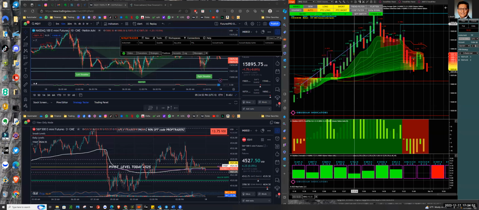Let me try one with confirmation filter, see what the result is. Let me try one with the trend filter. How about if I have both the trend filter and confirmation filter? Does this allow me to avoid some of the choppiness?